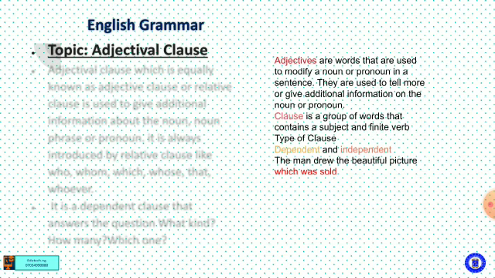Okay, so we have the first one, adjective. Adjectives are words that are used to modify a noun or a pronoun in a sentence. They are used to tell us more about the noun or the pronoun, that is, to give you additional information.